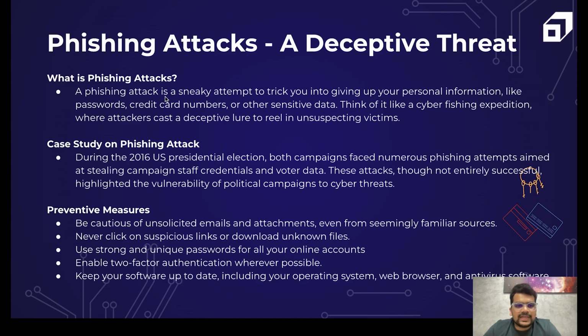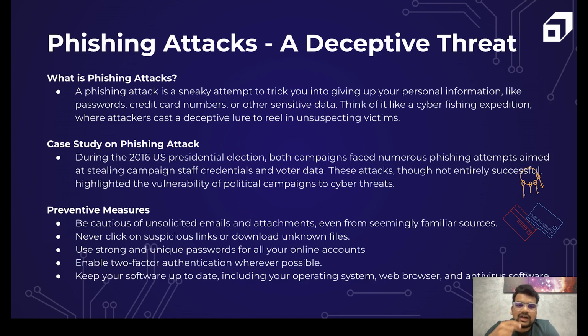Let's understand it by the definition. A phishing attack is a sneaky attempt to trick you into giving up your personal information, like passwords, credit card numbers, or other sensitive data. Think of it like a cyber fishing expedition where attackers cast a deceptive lure to reel in unsuspecting victims. Think of why the name phishing is there.